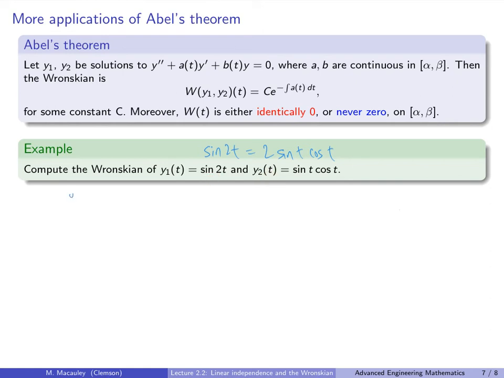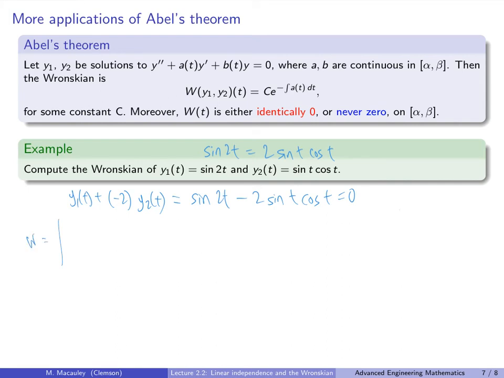For example, y1 of t plus negative 2 y2 of t equals sine of 2t minus 2 sine of t cosine of t, which equals 0. So let's compute the Wronskian of this and see what happens.